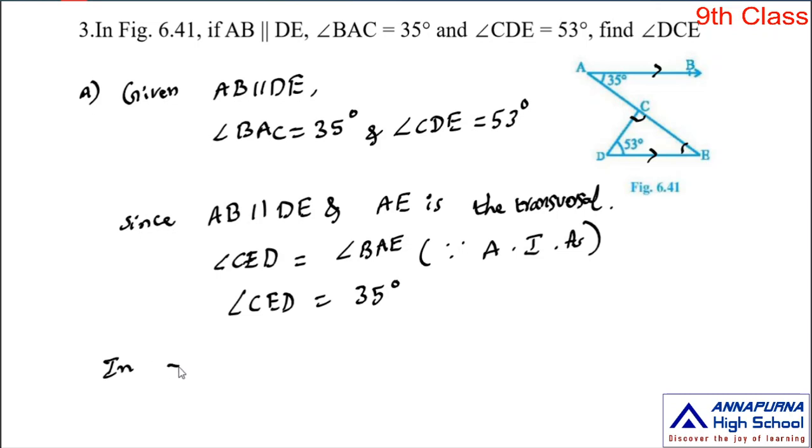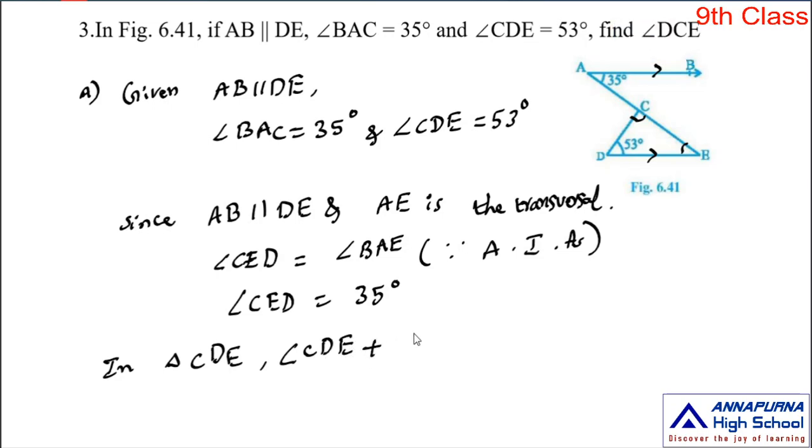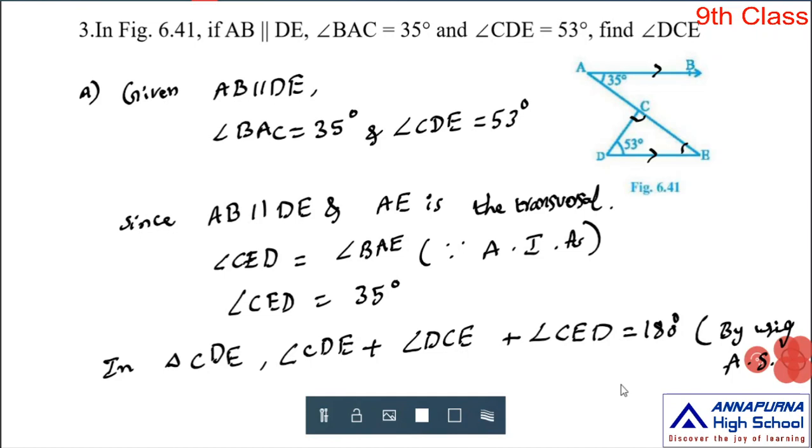In triangle CDE, angle CDE plus angle DCE plus angle CED is equal to 180 degrees by using angle sum property. ASP means angle sum property.